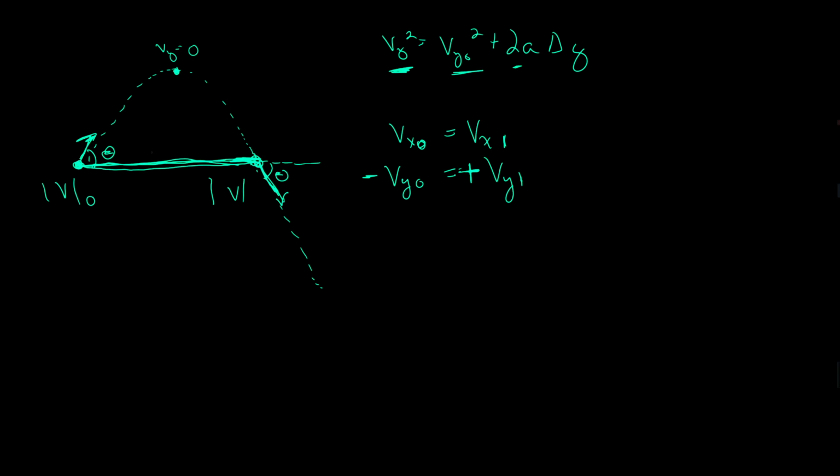And when it's at the same height, they end up going the same speed in the same velocity vector in the y direction. And so we have this thing moving the way we need it to.